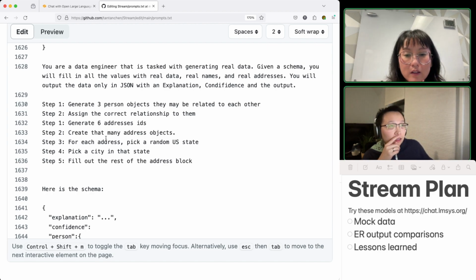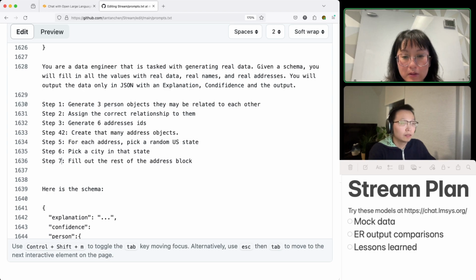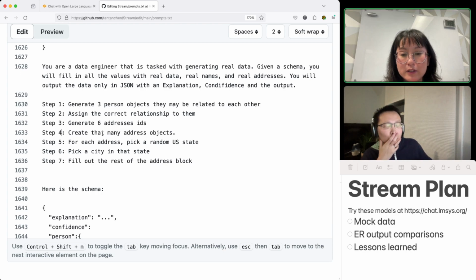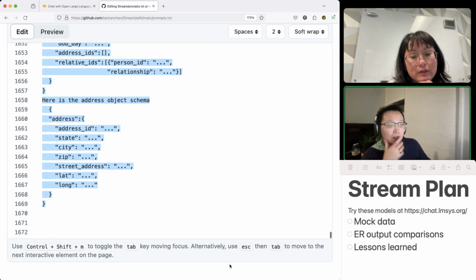And then generate the IDs. Okay, now I gotta fix this. And then generate six addresses. I wonder if it would understand that address ID. Oh no, I think it should be fine. Okay, let's give this a try then.